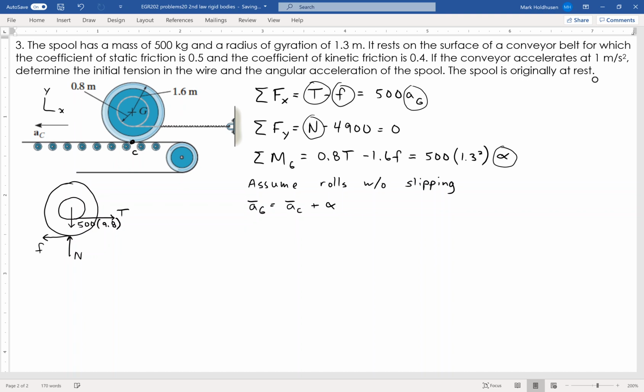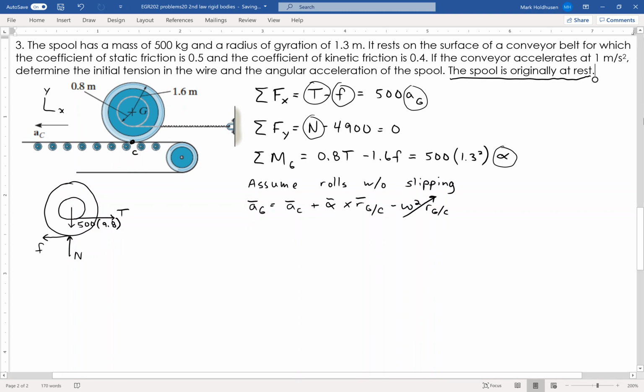Plus alpha, that's the alpha that I have unknown, crossed with r of G with respect to C, minus omega squared r of G with respect to C. This is 0 because this sentence right here says the spool is originally at rest. And again, I'm trying to find the initial tension and initial angular acceleration, right? When it's at rest, that means omega is 0. That thing goes to 0 right there.